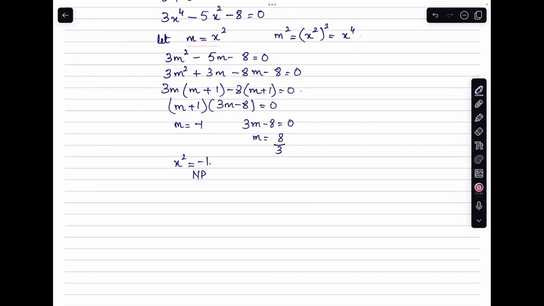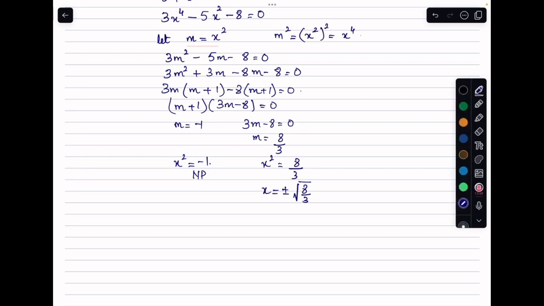Therefore, this value shall not give us any roots, but x² = 8/3. I can say that the root is x = ± √(8/3), and this is going to be the root of the disguised or complex equation that we have here.